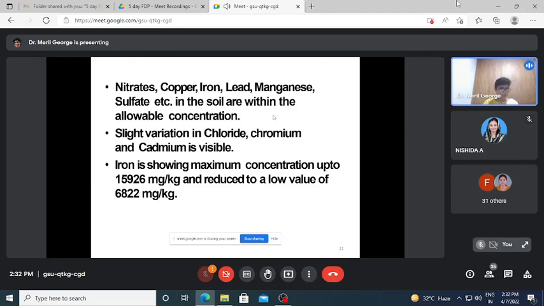So the reason may be, when we consider the locality, it was in an industrial belt, and there were a number of small-scale industries.